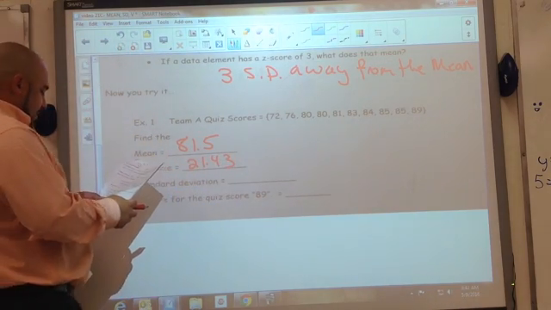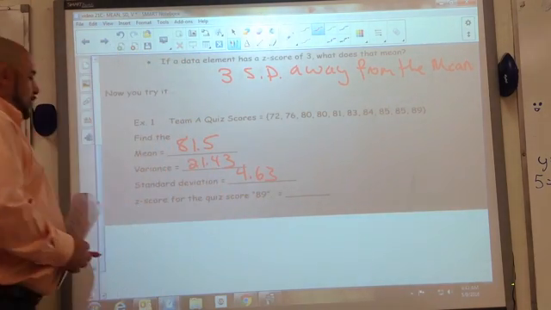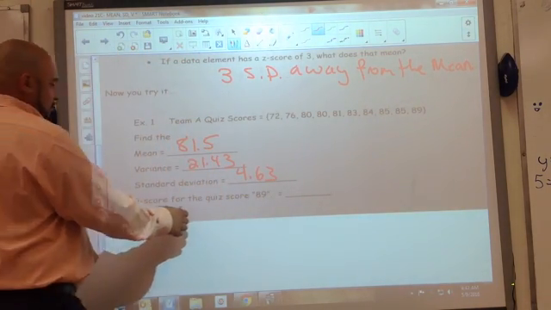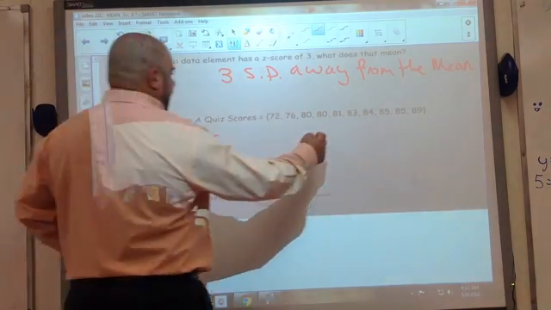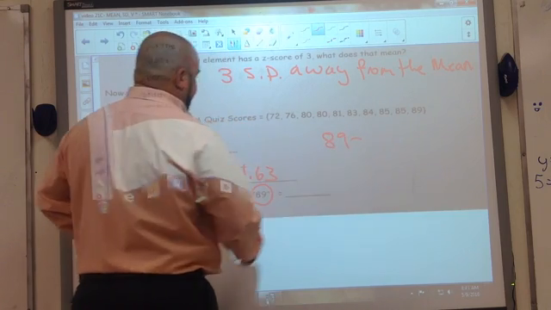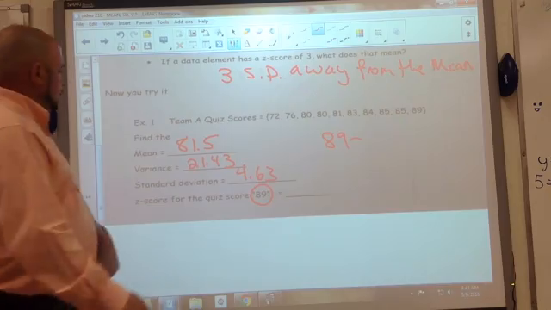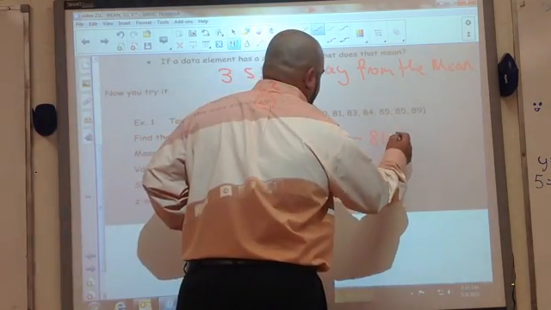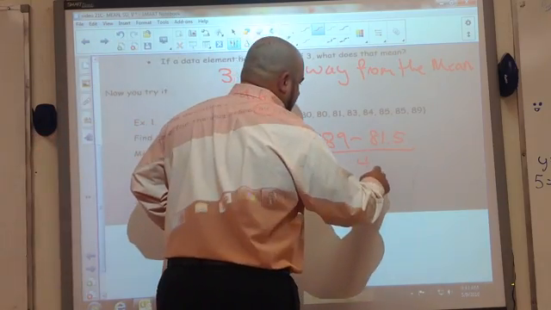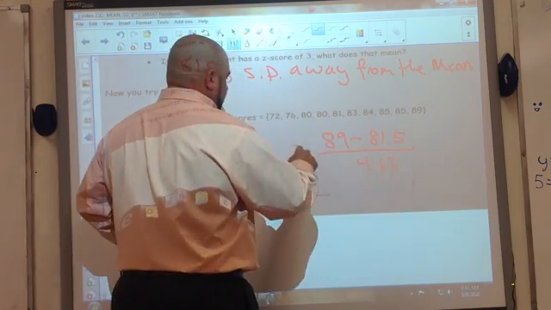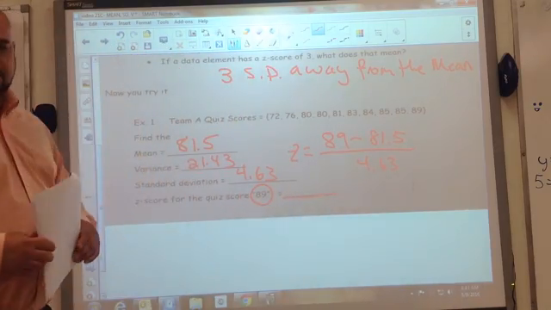And the standard deviation is 4.63. The z-score for the quiz score of 89: you take 89 minus the mean, which is what? What's the mean? 81.5. And you're going to divide that by the standard deviation of 4.63. Once you get your answer, put it in the blank provided.